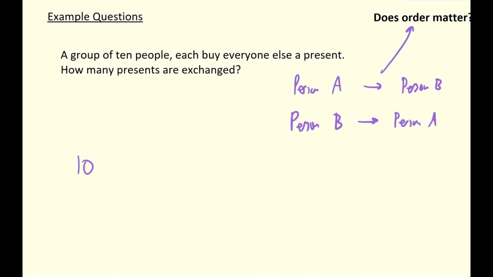Okay, so he can't give a present to himself. He can give a present to 9 other people though. So therefore, there are 90 presents exchanged, because each of the 10 people will give presents to another 9 people.